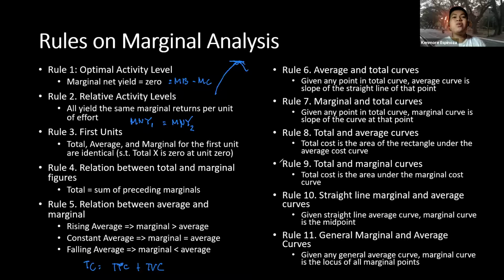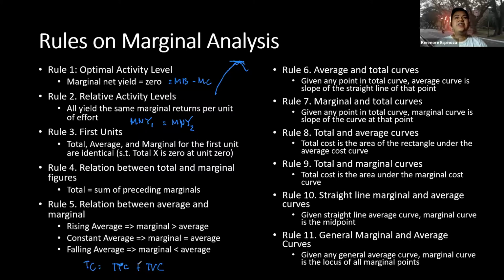So even if you are not producing anything, meron kang fixed cost. So rule number 3 doesn't hold whenever you have an existing fixed cost. Kasi if that is the case, your average at quantity 0 is positive. Okay, now let's proceed.